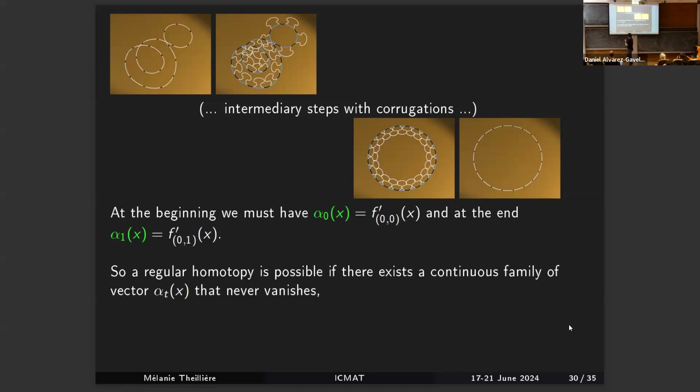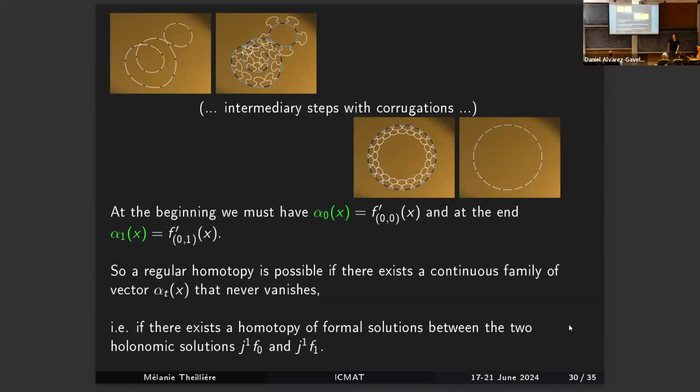So a regular homotopy is only possible if there exists such a family of vectors alpha t which never vanishes. And this means that there exists a homotopy of formal solutions between the two holonomic solutions G1F0 and G1F1.